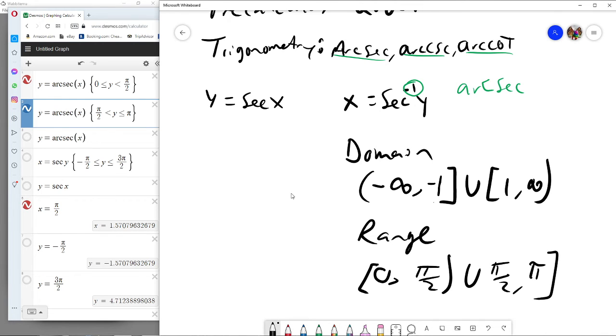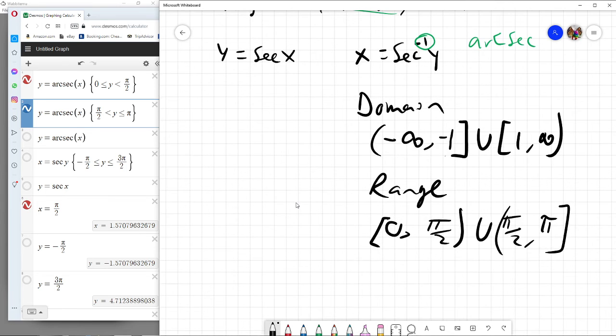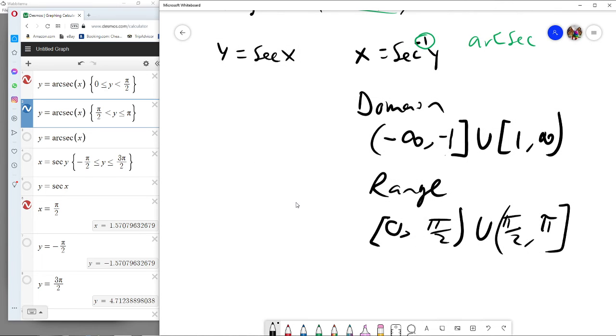Alright, so why are we excluding the pi over 2? The reason why is this. Arcsecant cannot give you a pi over 2 as a value. Think of it this way.